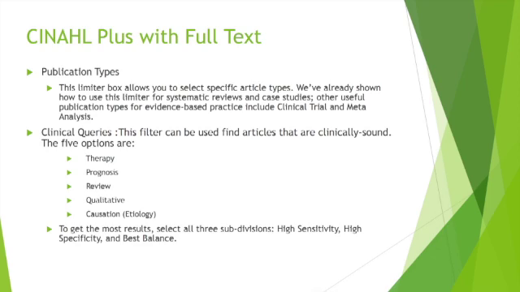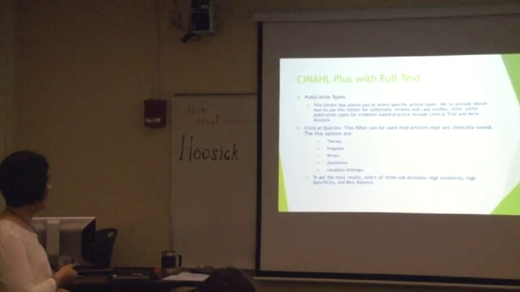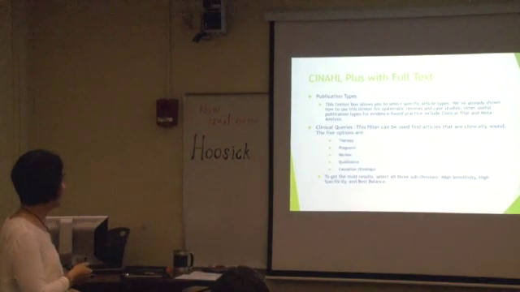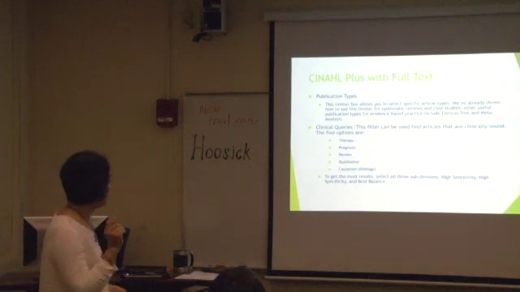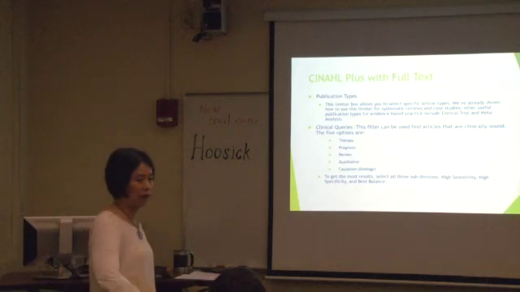And it might be easier when you say, I want to limit to nursing journal articles, not the other, medicine type of articles, but nursing. So then you might want to conduct Signal. And Signal has publication type that you can limit specifically to case studies, clinical trials, meta-analyses, or systematic reviews. It also has a clinical query filter that you can use. So let's do an example. You all have your handout.